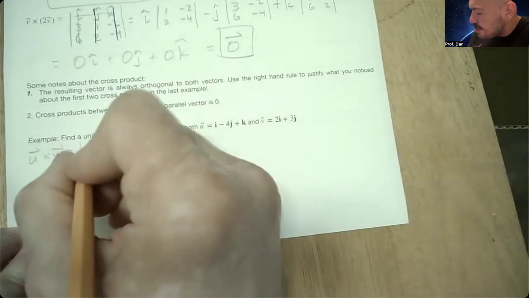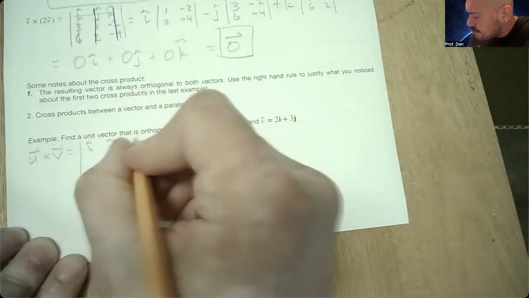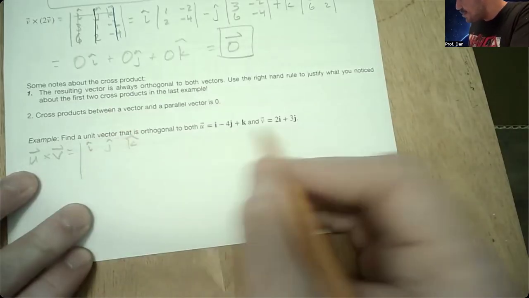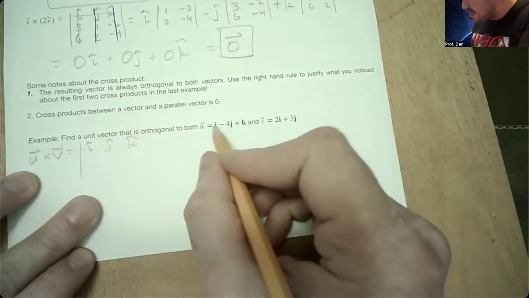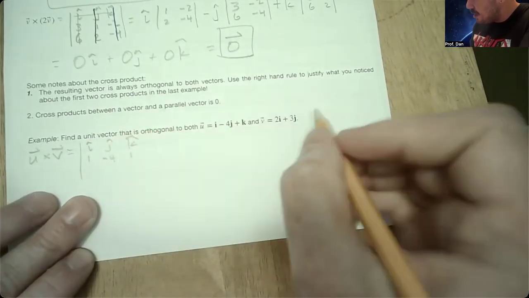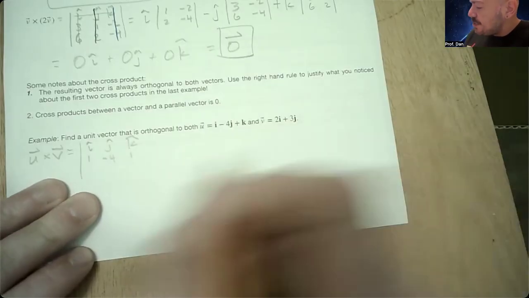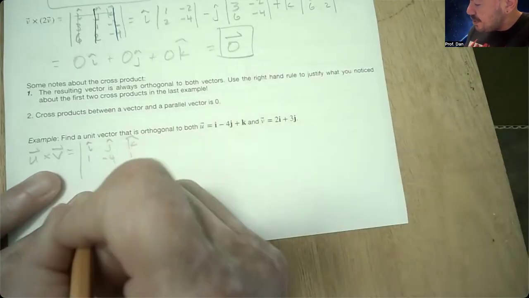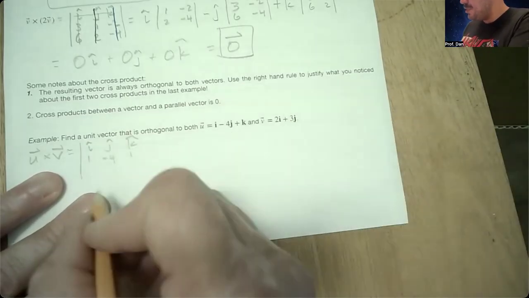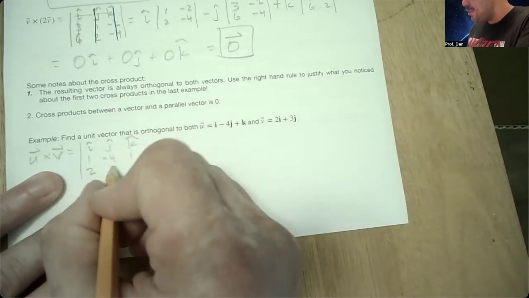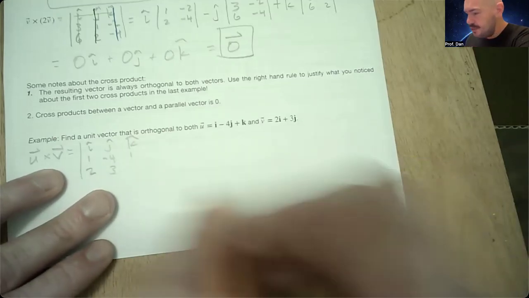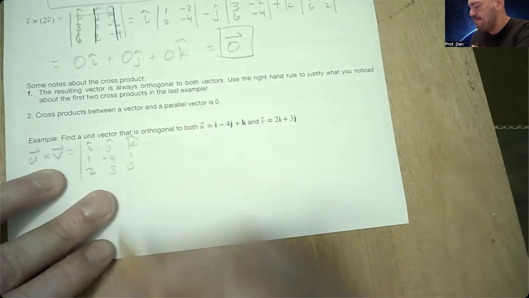For that, we need the determinant. Since u is first, we're going to have the second row as these coefficients, 1, -4, 1. Since v is second, we'll have the coefficients for v in the third row. So 2 is the coefficient for i, 3 is the coefficient for j. You might notice there's not a k there. That just means that the coefficient for k is 0.